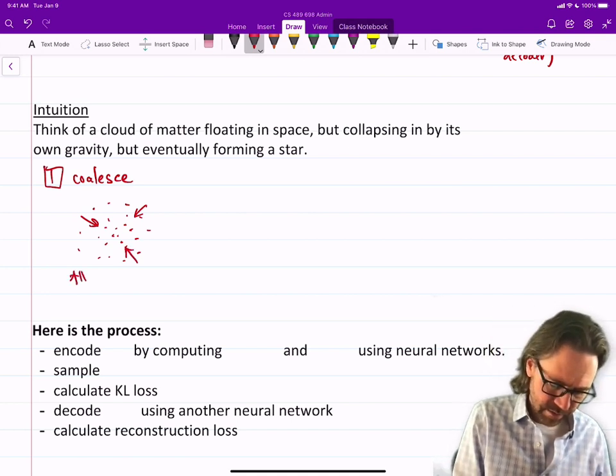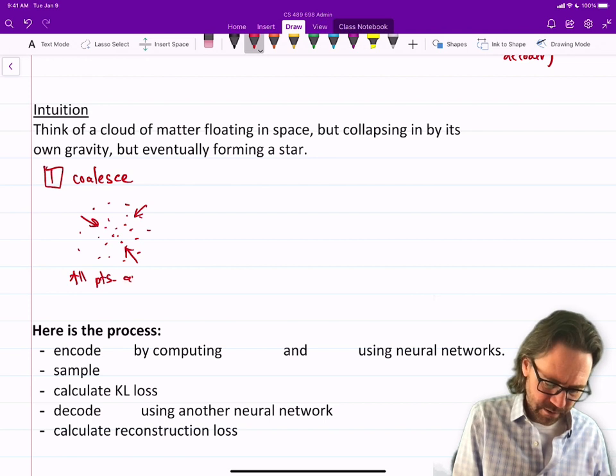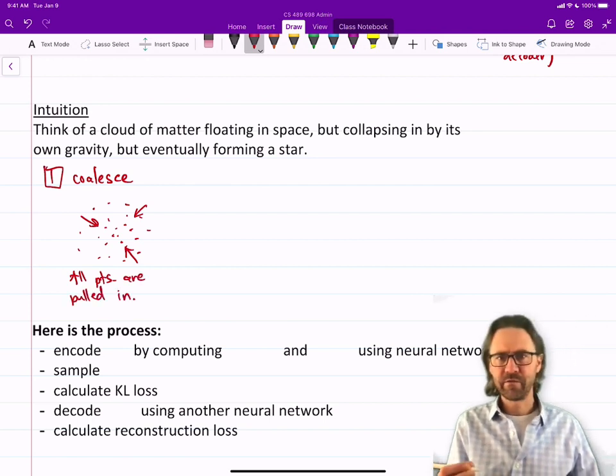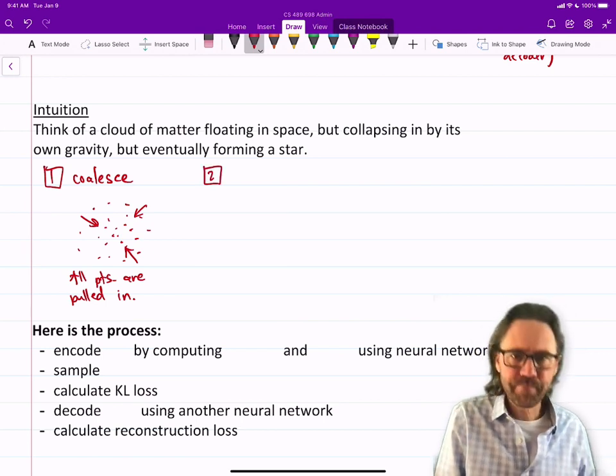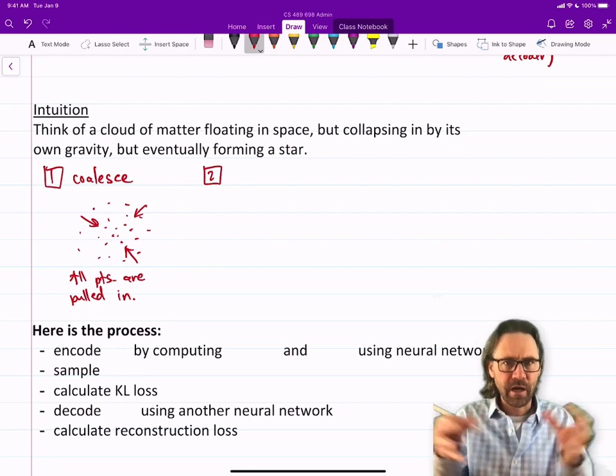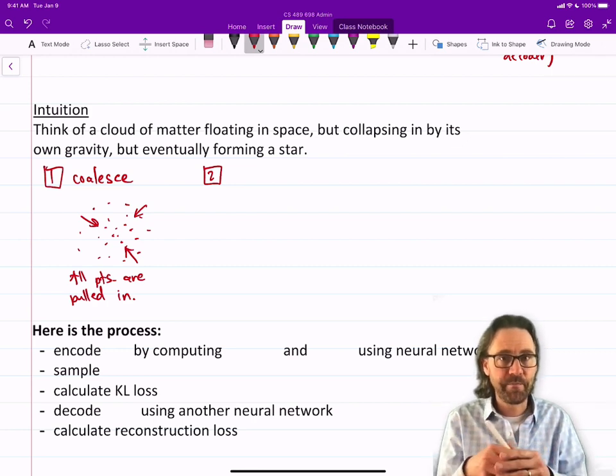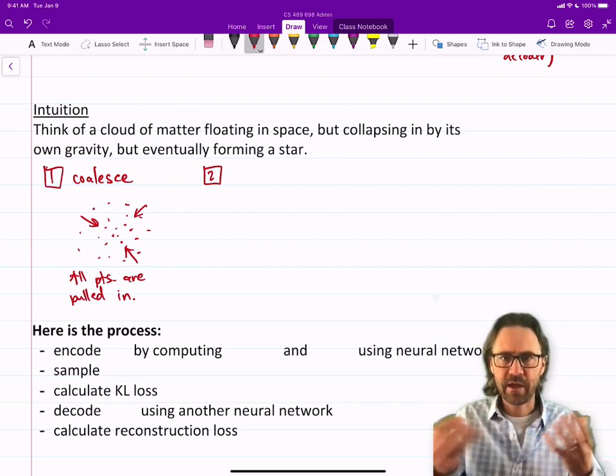So all points are pulled in because of gravity. So as time progresses, they start to take up less volume and bump into each other, and that causes heat.